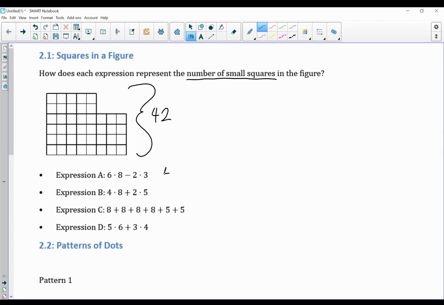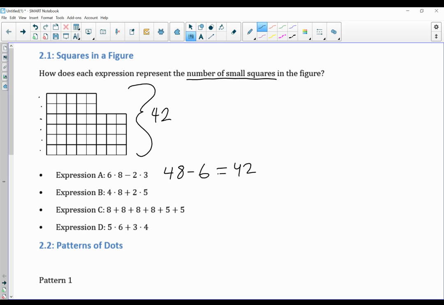Expression A says 48, 6 times 8 minus 6, 2 times 3, and that gives me 42. So automatically, I know there's some type of correlation between expression A and these boxes. But it's asking me how does it represent it? So I'm looking and I'm like, okay, there's 1, 2, 3, 4, 5, 6 rows.